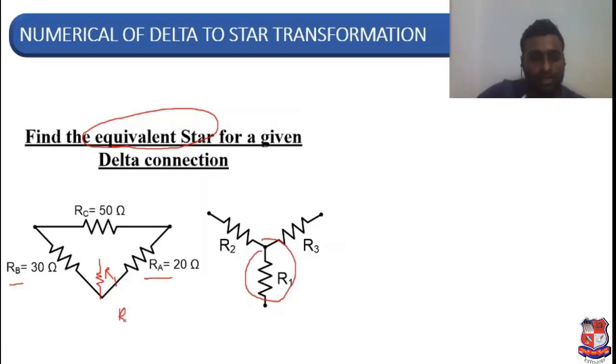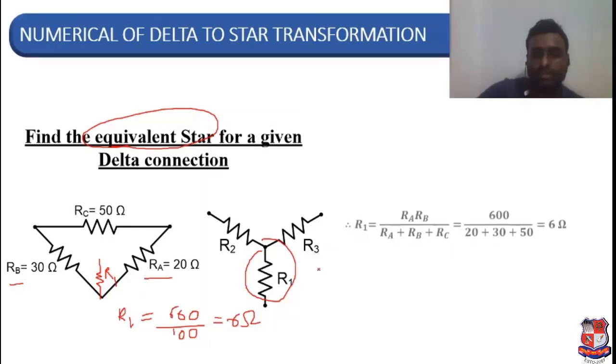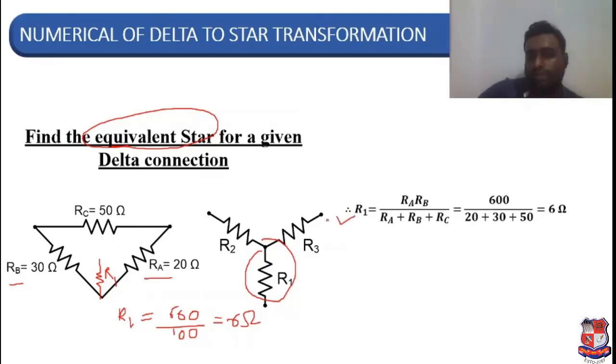So R1 should be equal to the product of neighboring resistances, which will be 600, divided by the total summation, 20 plus 30 plus 50, which is 100. So R1 should be equal to 6 ohms. Before seeing the other two resistances, pause the video and find R2 and R3 on your own. Let us move further.